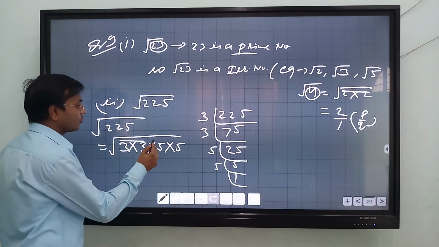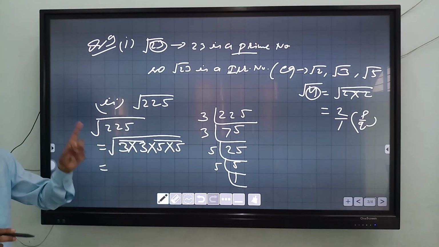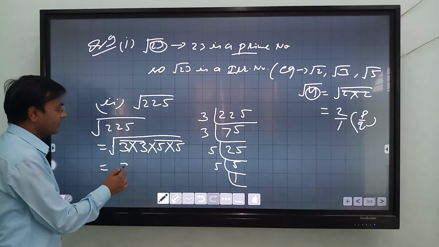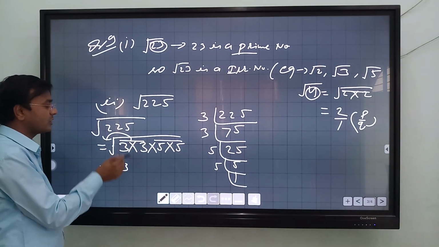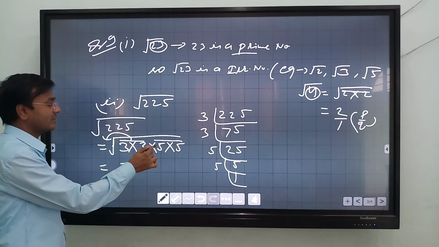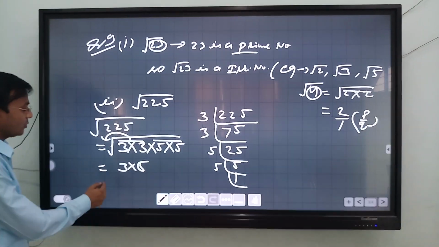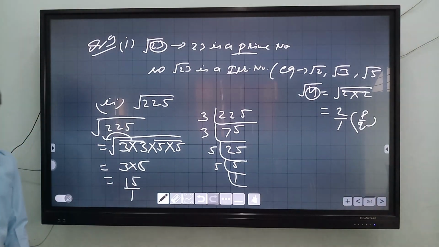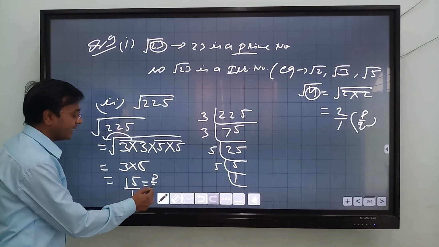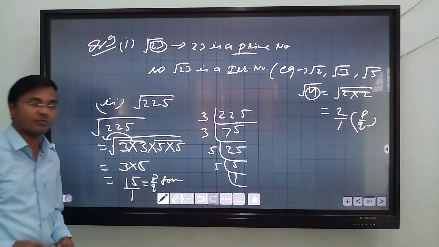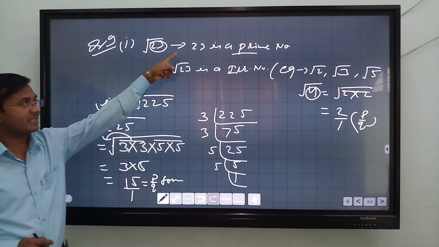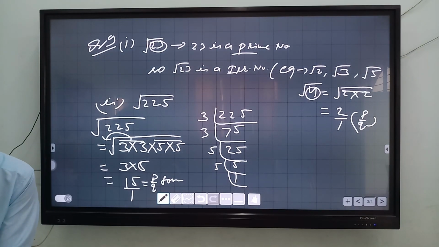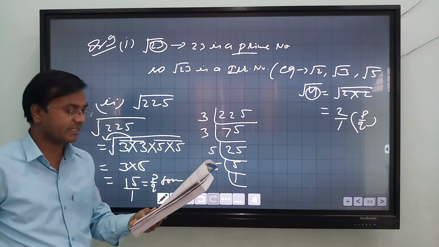Now we make pairs of 3 and 3, and 5 and 5, because in the square root we make pairs of two numbers and write one number from each pair outside. So 3 5s are 15, and 15 can be written in P by Q form. Hence this number is a rational number. So the earlier one is an example of irrational and this is a rational number, right? Third one is 0.3796.